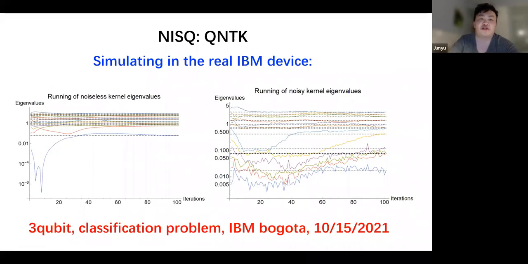And furthermore, I will show some simulations that we have on real quantum devices, where in the past we did some small-scale experiments to demonstrate the theory, which is a 3-qubit classification problem done on the IBM Bogota machine.